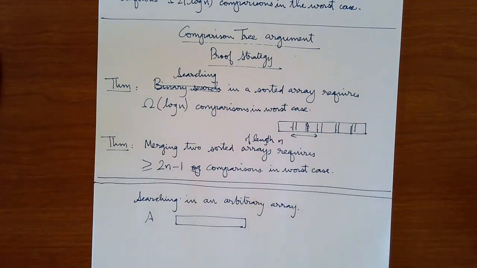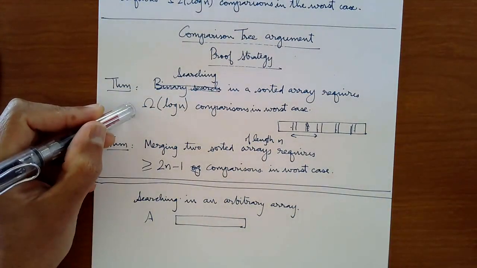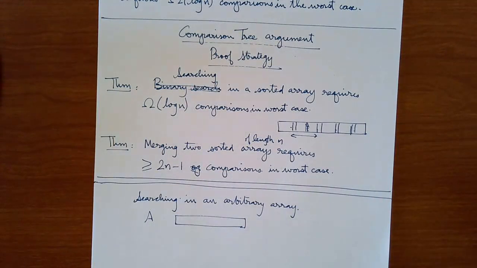But the information theoretic argument doesn't seem to work there. I mean, the comparison tree, you'd say, well, okay, there are n different leaves, and so the depth is log n, and you get back at log n. The answer should be n.